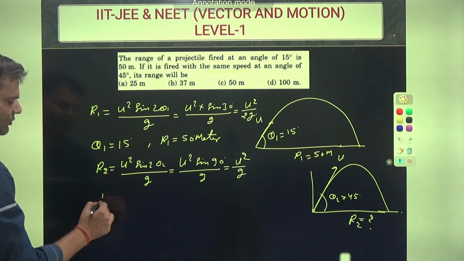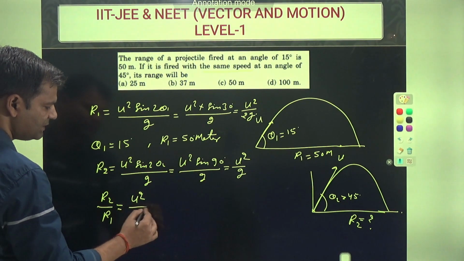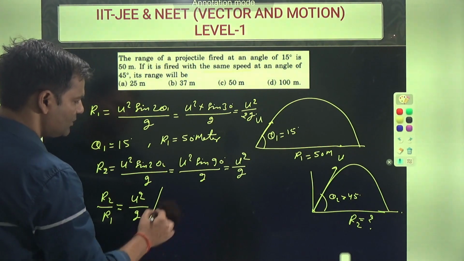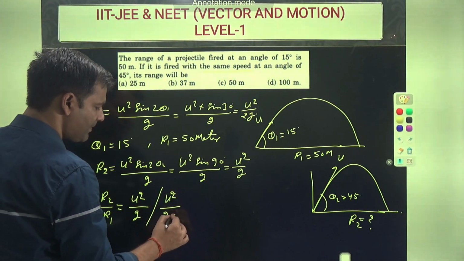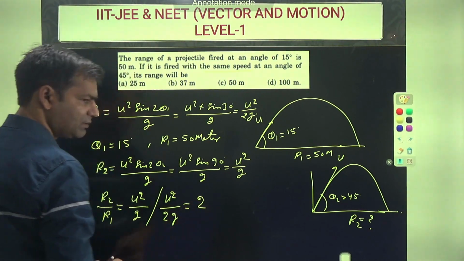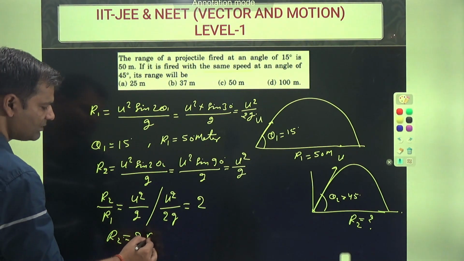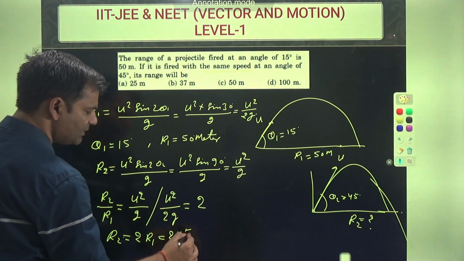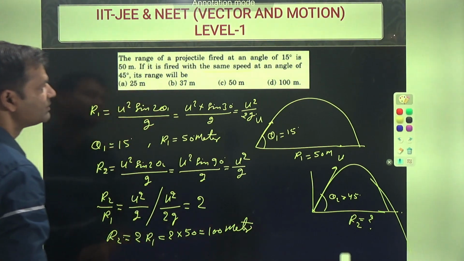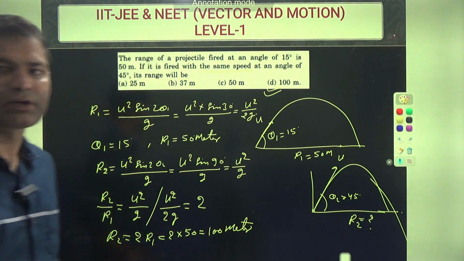R2 by R1 is u square upon g divided by u square upon 2g, which is equal to 2. So R2 is 2 times R1. So 2 into 50 gives 100 meters. So the range is 100 meters. D is the correct option. Very simple.